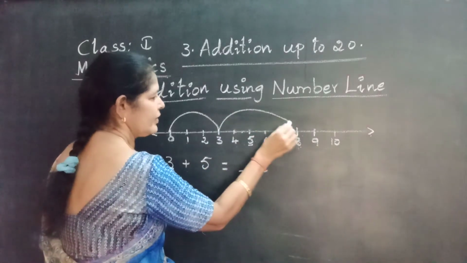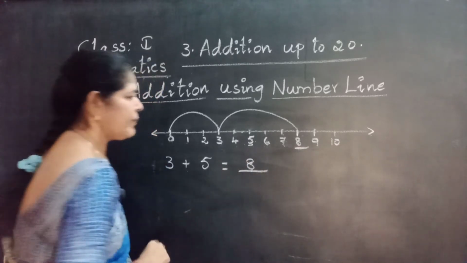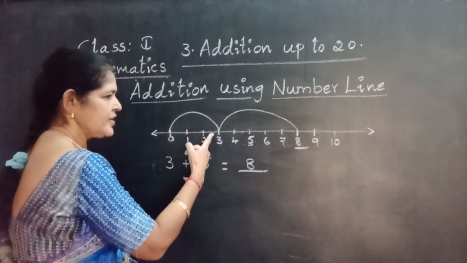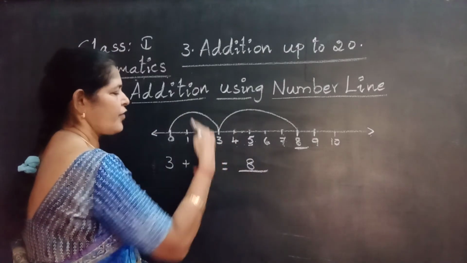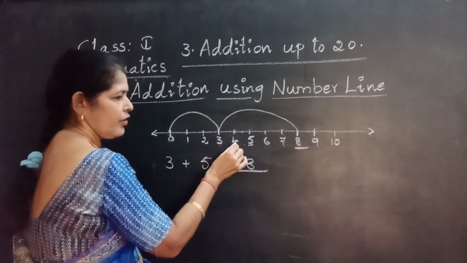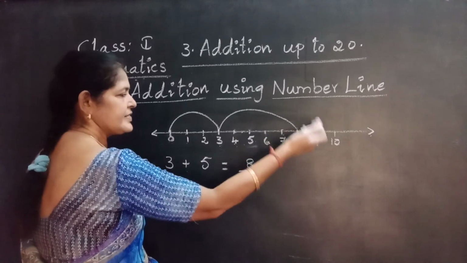Again mark like this. Now the answer is 8. 3 plus 5 is 8. First take 3 steps, then move forward 5 steps.